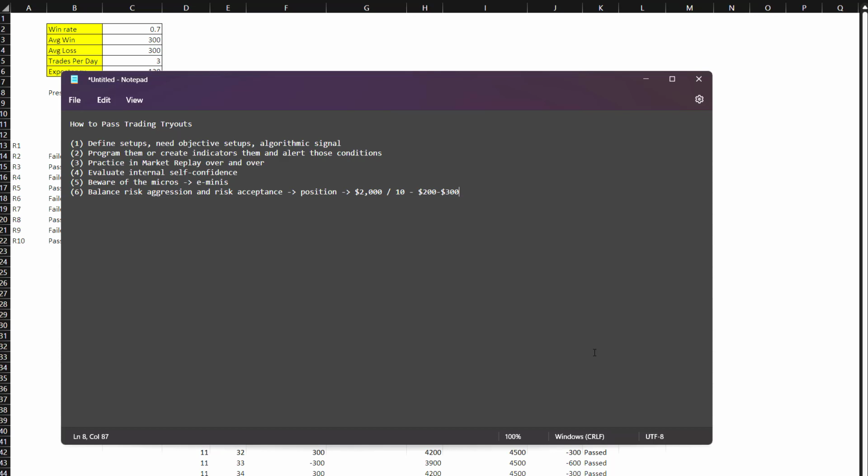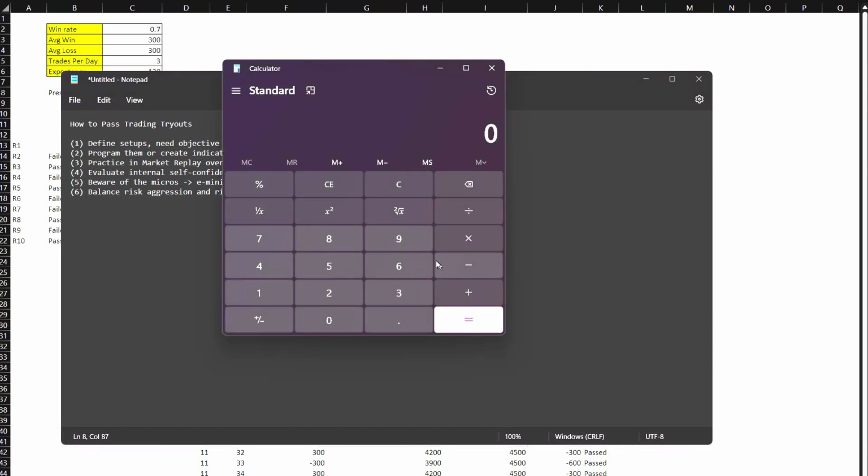You're going to be wanting to risk about 5 to 6% per trade, which is, 2,000 times 0.07, it's 140. It's a little bit aggressive. 6% is 120. So yeah, it's a little more aggressive than what you'd want. Let's see what 2,500 does. 175. I guess it depends on whether you count that drawdown.